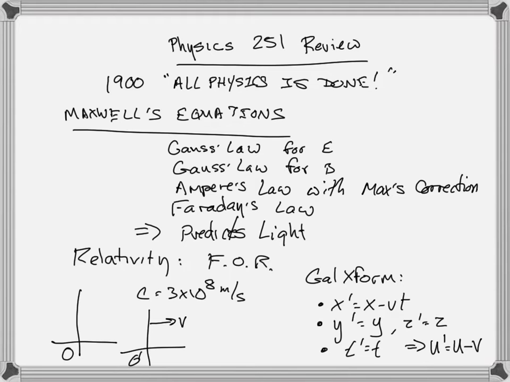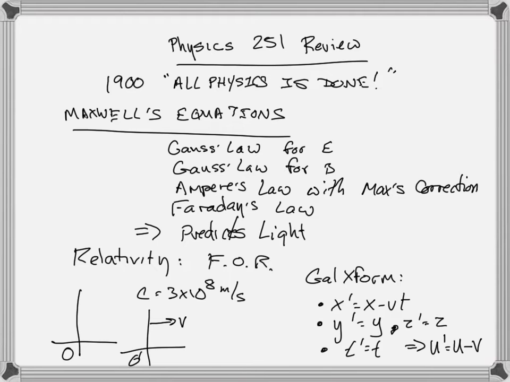Then x prime, y prime, and z prime measured in the O prime frame are transformed in the way shown. As long as the frame is moving in the plus x direction, it's only transformed in the x direction, and y and z stay the same, and t doesn't transform: t equals t prime. And that means that velocities add, right?